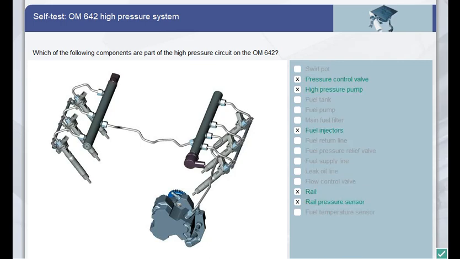That's right. The high-pressure circuit consists of the high-pressure pump, the fuel injectors, the rail and the rail pressure sensor.